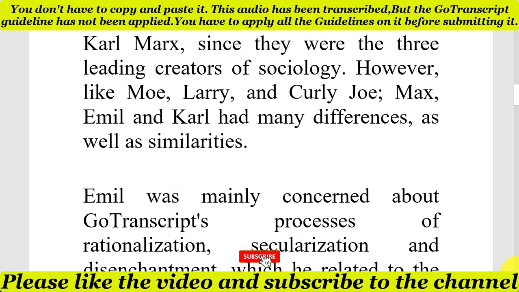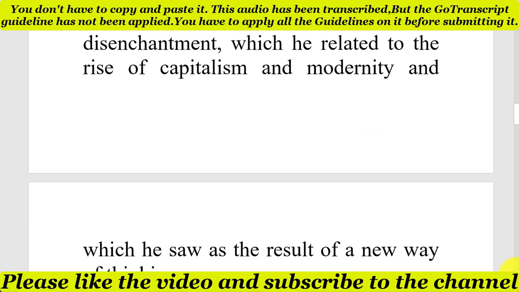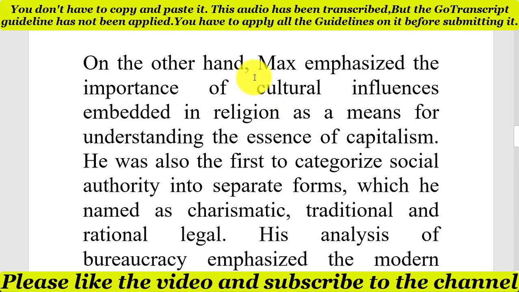Emil was mainly concerned about the processes of rationalization, secularization, and disenchantment, which he related to the rise of capitalism and modernity, and which he saw as the result of a new way of thinking. Max, on the other hand, emphasized the importance of cultural influences embedded in religion as a means for understanding the essence of capitalism.